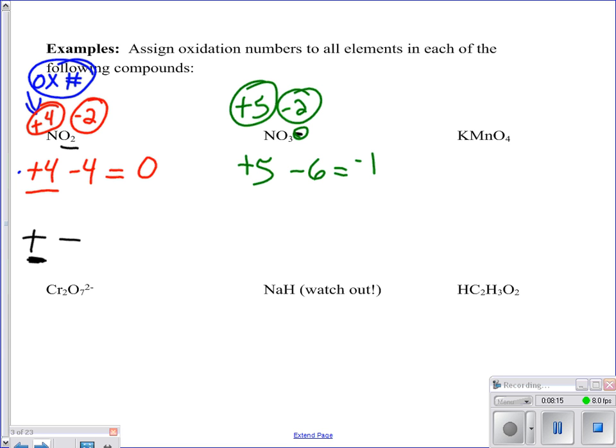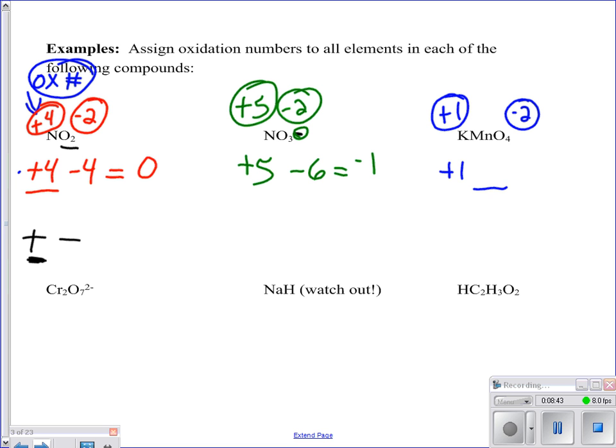All right, next one we have potassium permanganate. A couple of these I know the oxidation number of. Name one of them. Oxygen. What's another one? Potassium. So we know both of those. Potassium, look at your rule there, we see it's a +1. Oxygen we know is a -2. So when we start adding these up, the total charge on the potassium is +1. Manganese is the one in question.